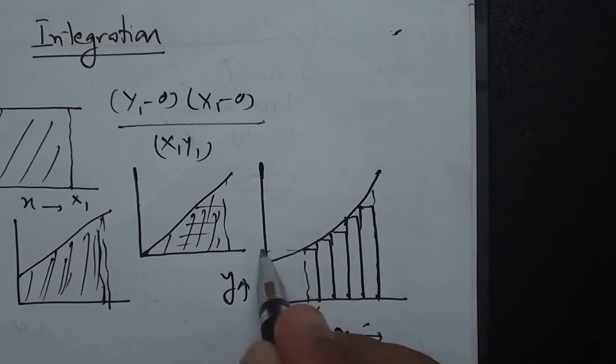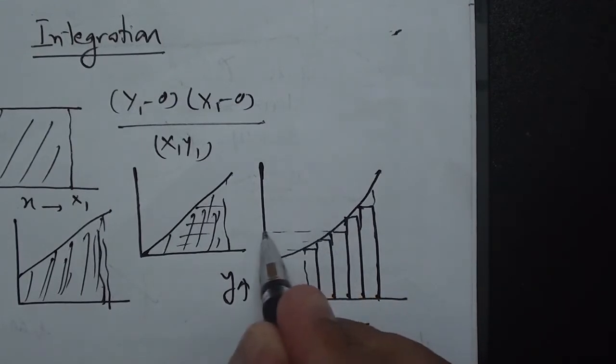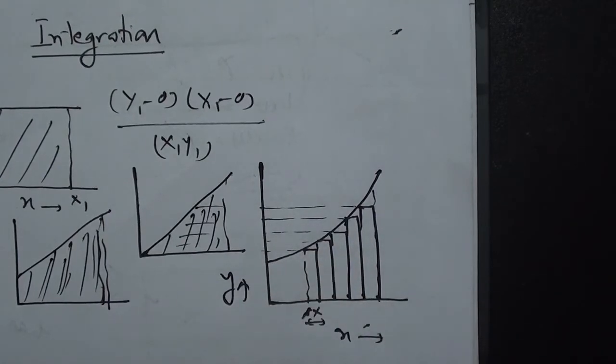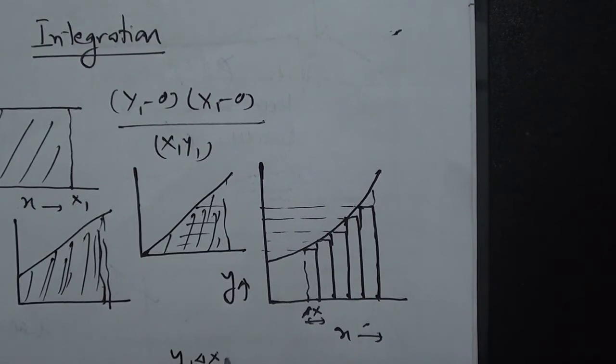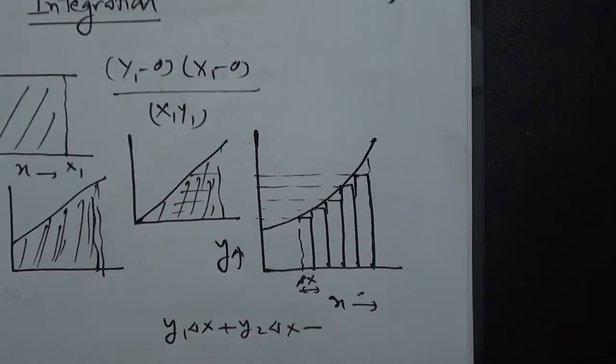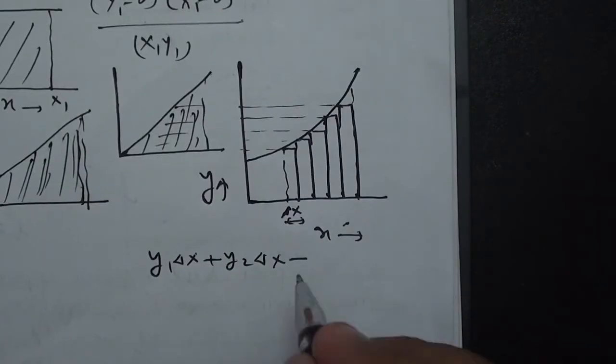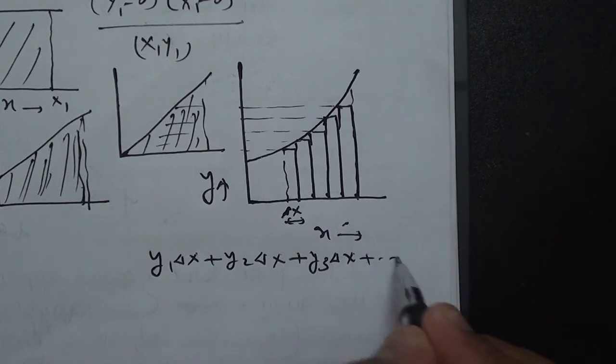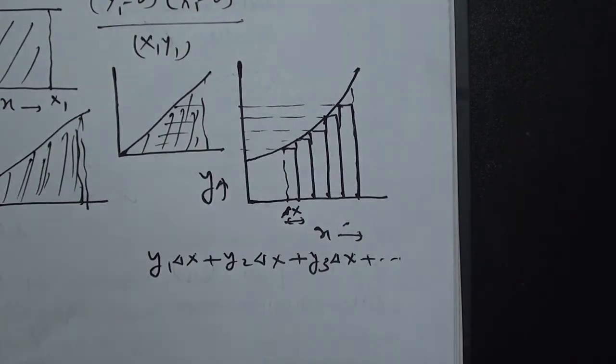And the heights will be different, y1, y2, for third it will be y3, then y4, then y5, like that. So I can write y1 del x plus y2 del x plus y3 del x, and so on. So this will be the area.